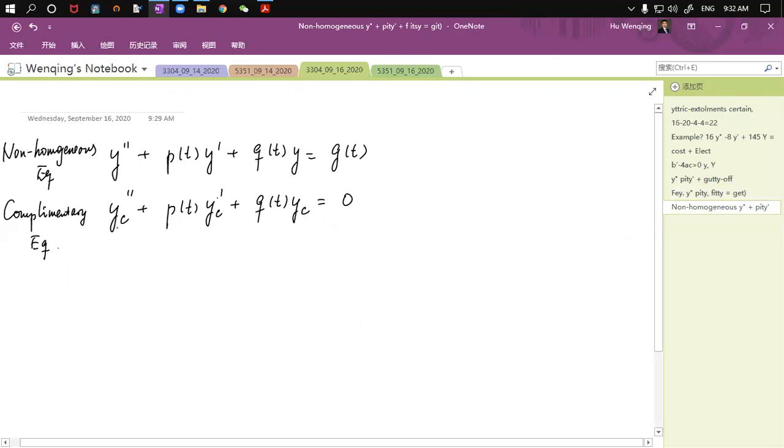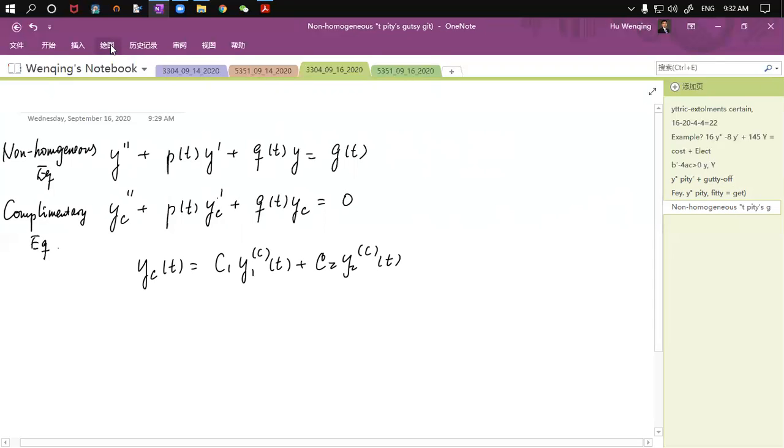Now, this complementary equation is known to be solvable, very easy to solve. The complementary solution is yc of t equals c1 y1c of t plus c2 y2c of t, where y1 and y2 are two fundamental solutions of this complementary equation.